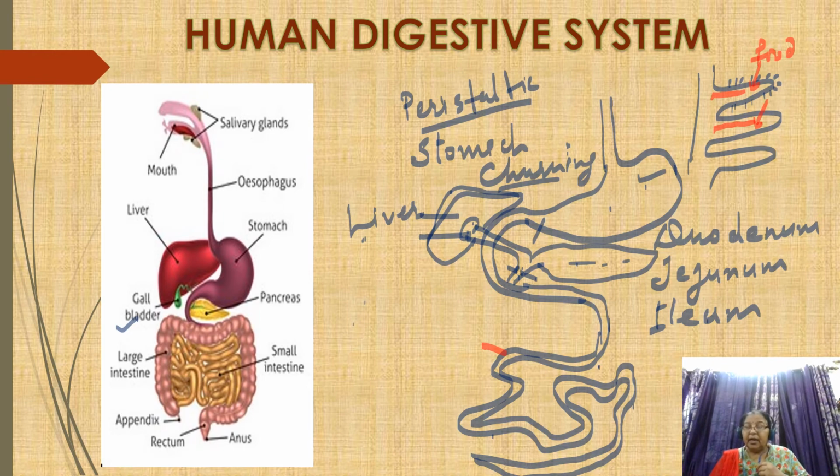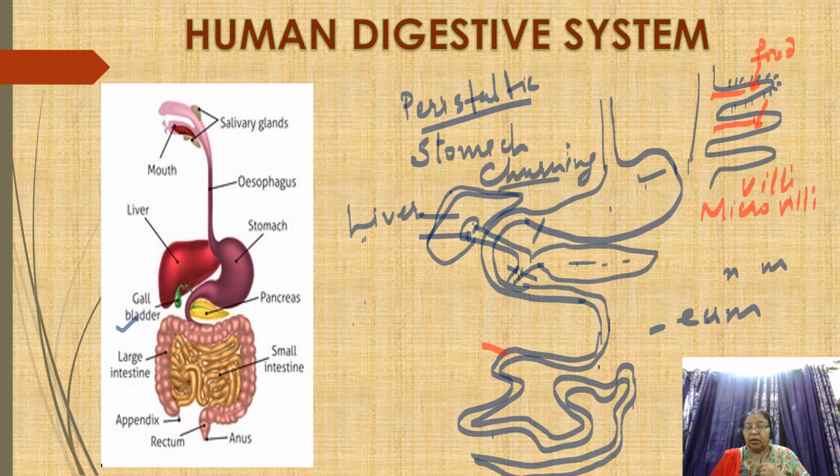These villi and microvilli increase the surface area of absorption so that the food which is absorbed will be easily taken up by the blood.